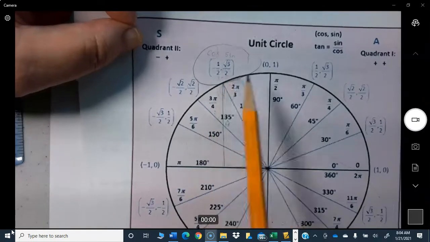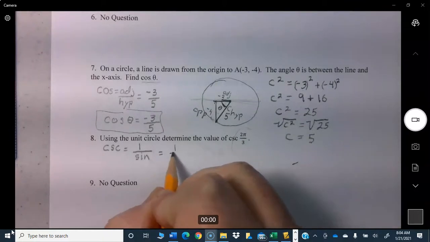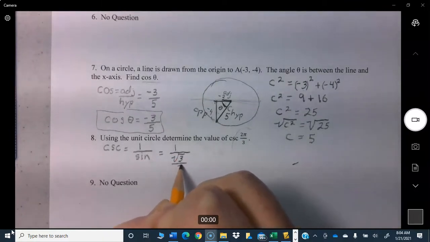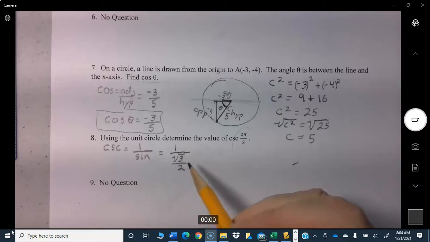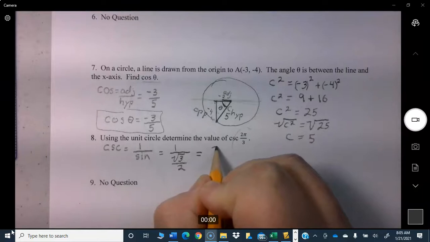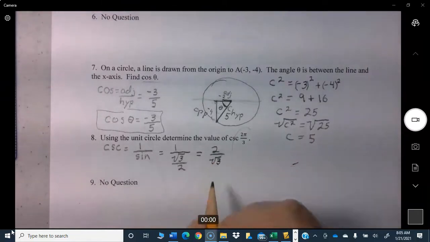So it equals 1 over the square root of 3 over 2. Anytime you have a fraction on the bottom of a fraction, you just flip it. So that's 2 over the square root of 3.